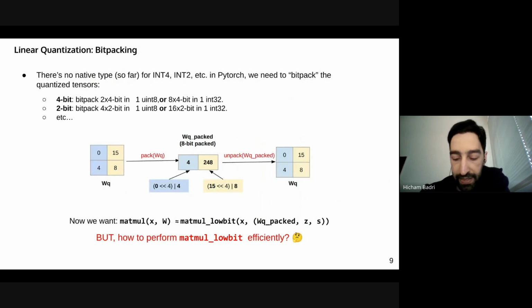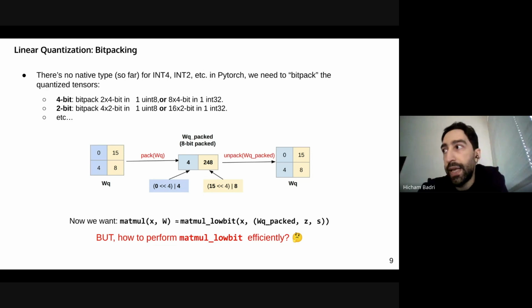And bitpacking is essentially a trick to use native D types to store data which is not in a native D type. It's kind of weird, but it actually works. Basically the idea is that let's say in PyTorch you have your int8 and your weights are 4 bits.